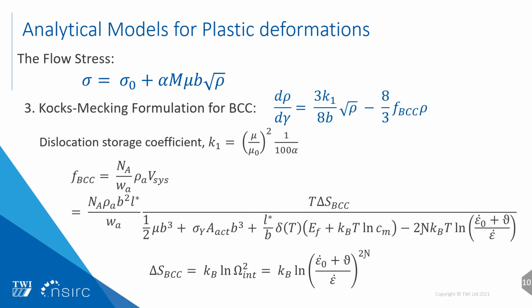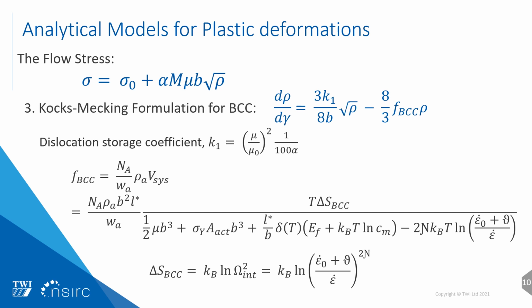The third one we utilize for the analytical model is the kinetic formulation for the BCC model, because the material we are using is X65 grade steel, which is a BCC, body-centered cubic material. So we use the dislocation storage coefficient K1 here, and then the dynamic recovery coefficient here.